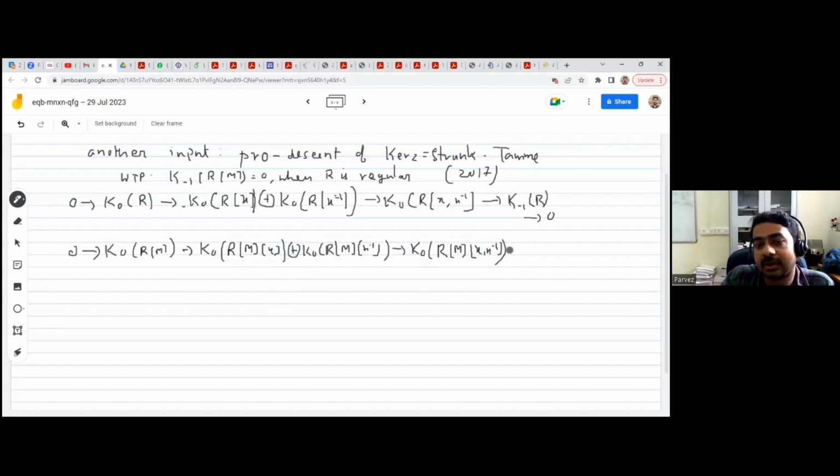And then we have the co-kernel, which is K minus 1 of Rm.